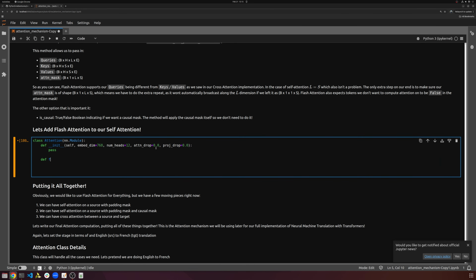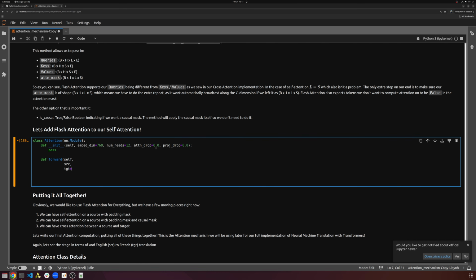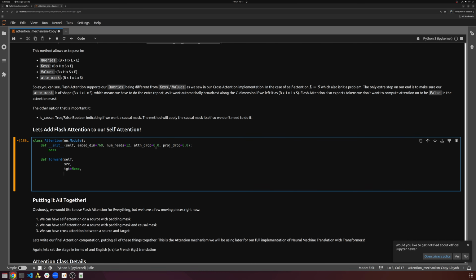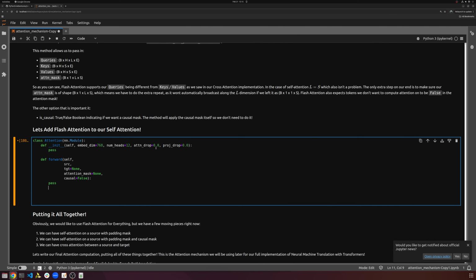And we have a def forward, and we're going to pass into the forward a self, source, target is None by default, attention_mask is None by default, and causal is False by default, right? So if I only pass in a source and nothing else, I'm just going to do self-attention.